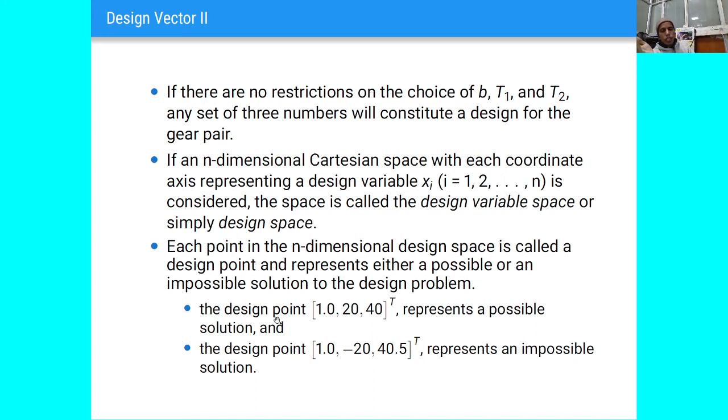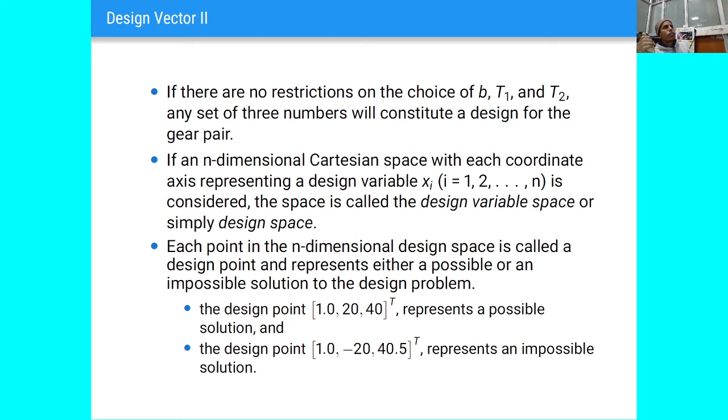Okay, so because of this negative value of the number of teeth on gear T1, it is making this design vector an impossible solution. Similarly, you can also see here the number of teeth on gear 2, that is T2, is written as 40.5.